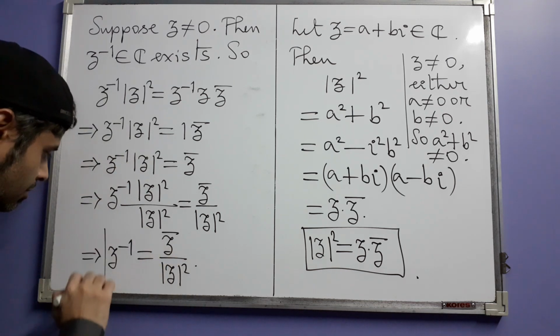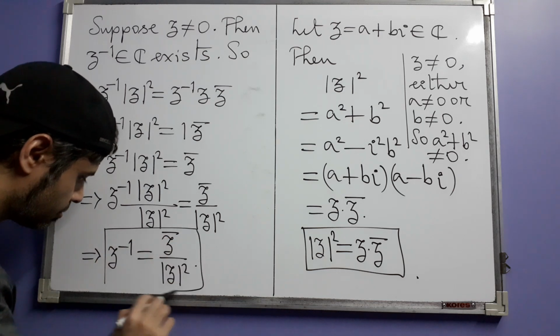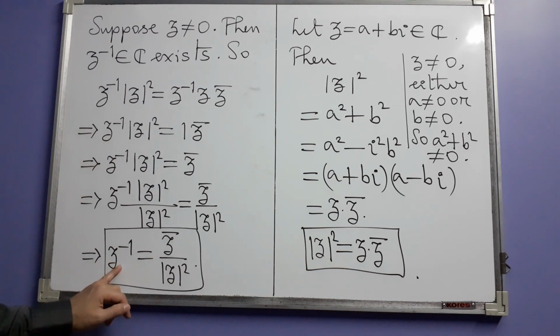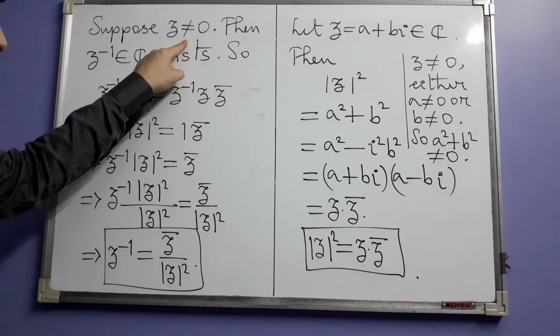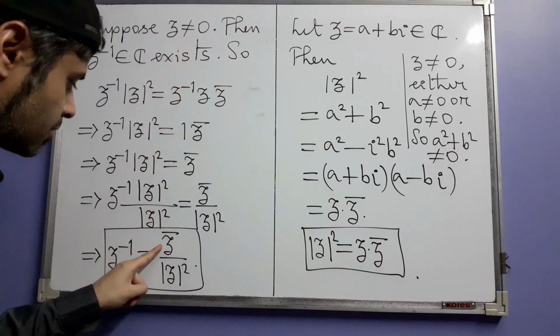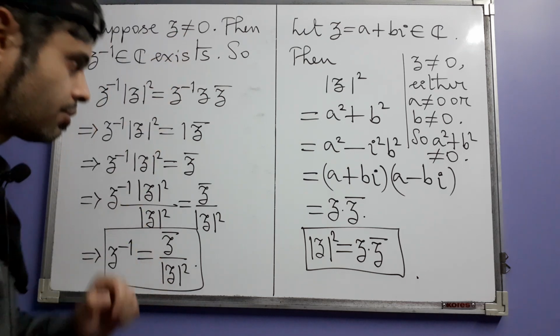So you have got a formula for calculating the multiplicative inverse of a non-zero complex number in terms of its absolute value and complex conjugate.